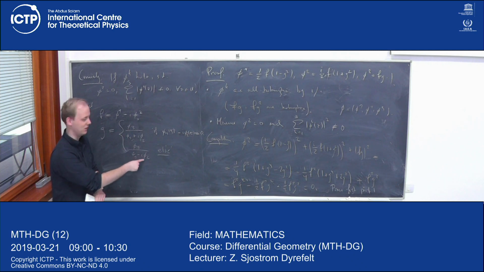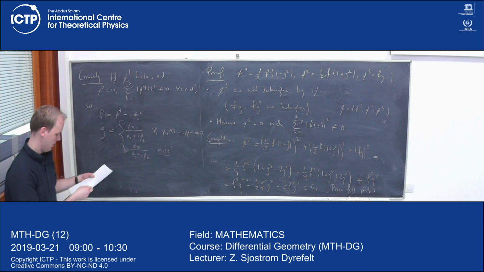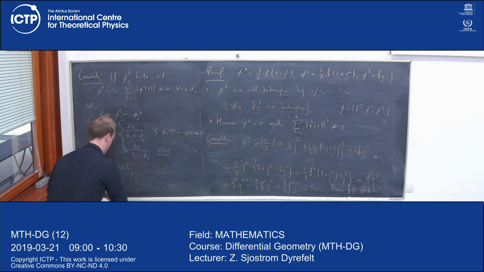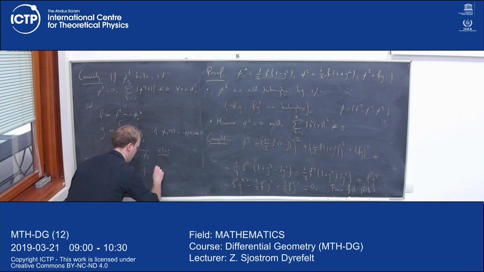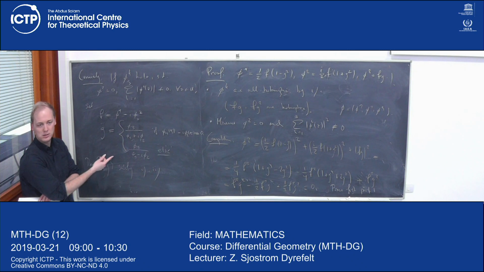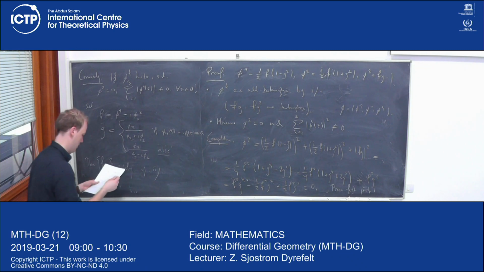Then f and g satisfy the conditions 1 and 2, meaning that if we have a pole of g, then we also have the zero of f, of the right degree, and so on.